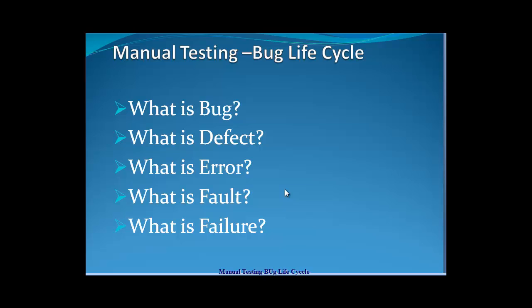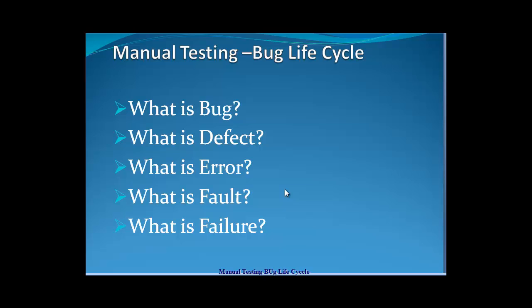So what is a bug? A bug is nothing but this: when you are validating or verifying an application or any object, if that object is not as per your expectation, you raise a bug. Same in software terminology.